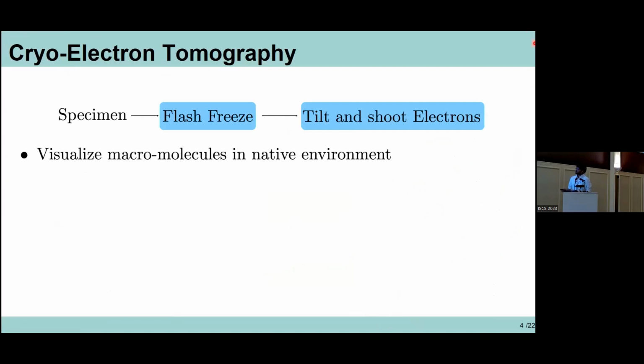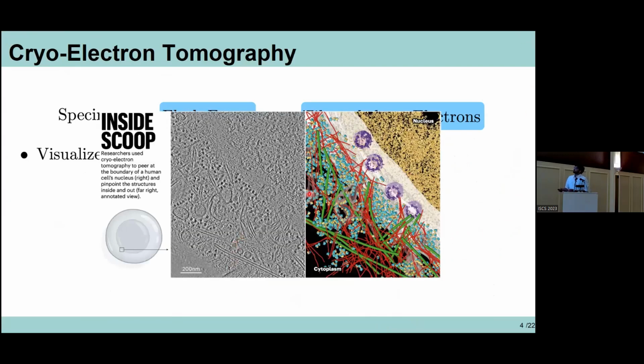Here's an example of a human cell nucleus, where you can see the distribution of various proteins on the nucleus boundary, outside and inside of it. The goal for biologists is to see how these proteins are expressed in a real environment, rather than doing certain chemical experiments and seeing the concentrations.